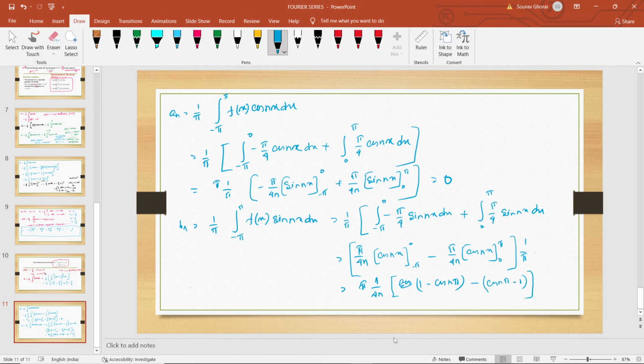And if we simplify from here, we will get 1 by 2n times (1 minus cos n pi).